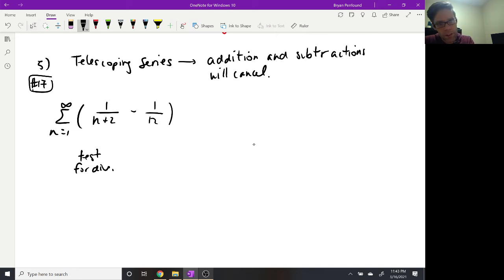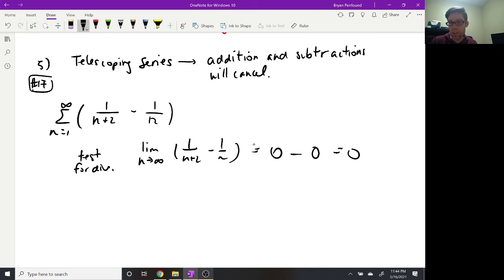Testing for divergence says we should set up the limit as n tends towards infinity of the formula, and we should see where this limit goes. And of course, as n gets really large, we get 1 over a really large number, which is 0, and we get a subtraction of 1 over a very large number, which is also 0.